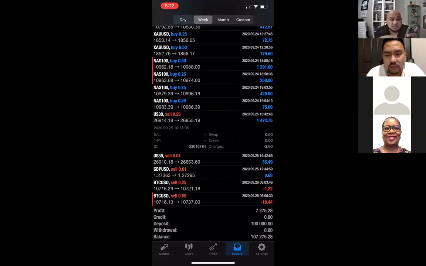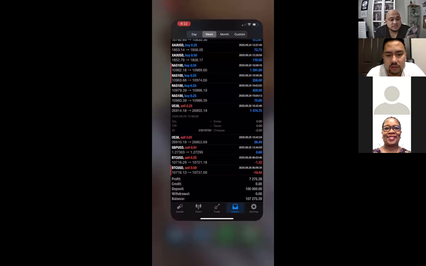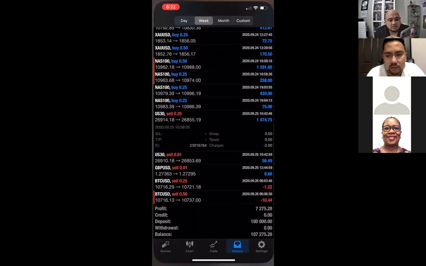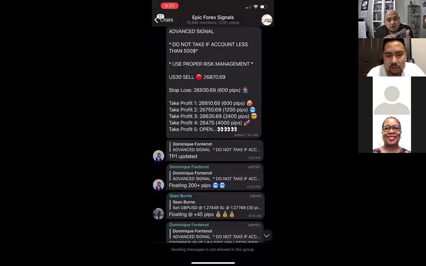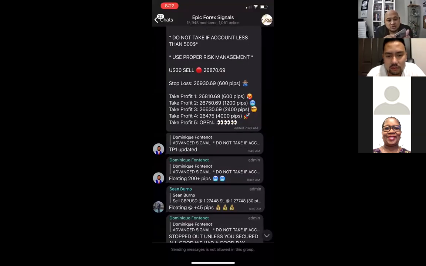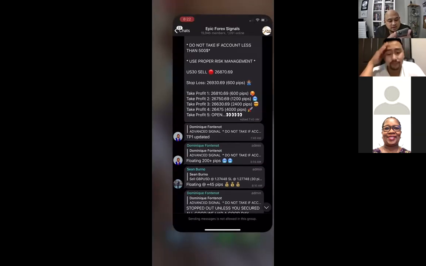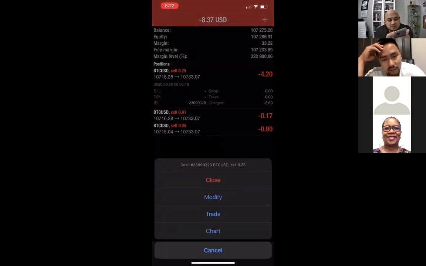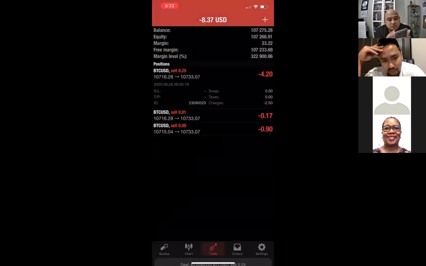During this time, when we got into the market and put our lot sizes in, we were copying his stop loss. You want to type that in, 26930.69. I'm going to click on this just for example, so you guys can see. Just imagine this is the US 30 that we just got.